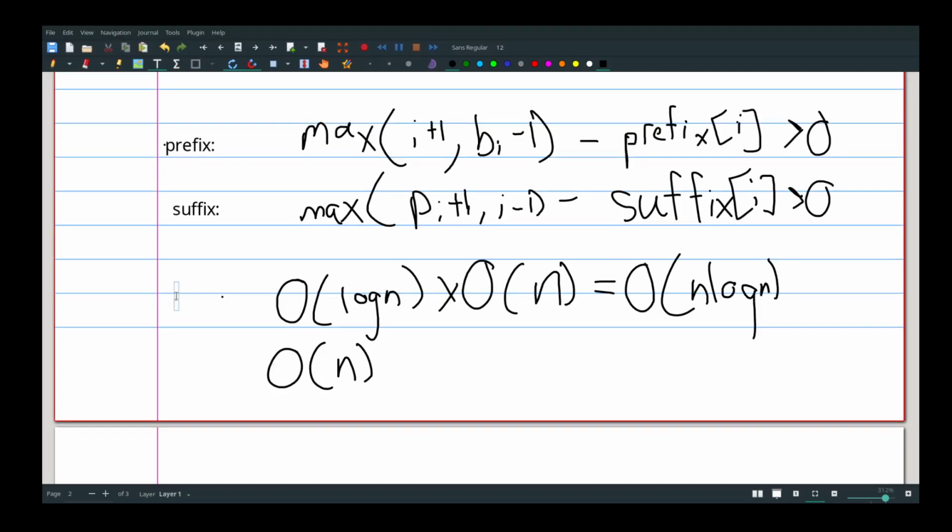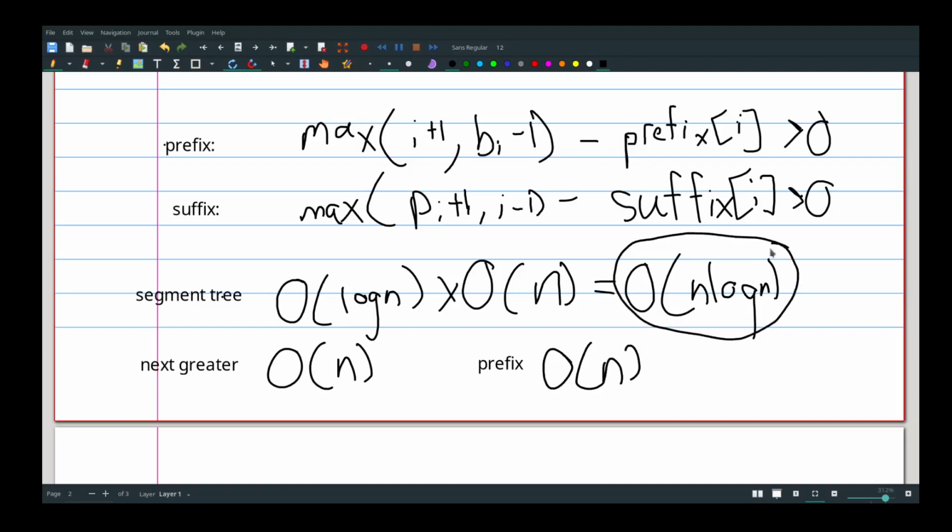So I'll just label them: segment tree, and next greater element, and one more which is the prefix sums, which will take again O of n. So in total, the time complexity ends up to be O of n log n, which fits in the time complexity.